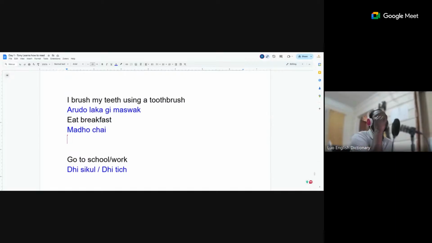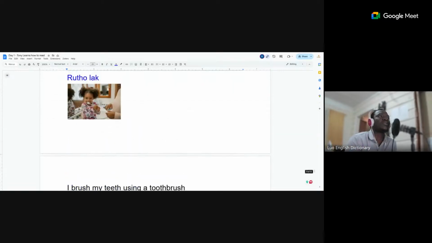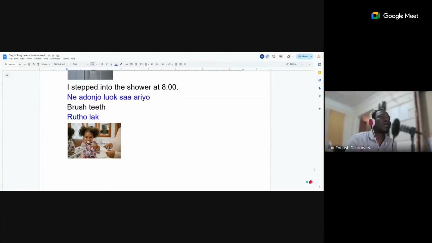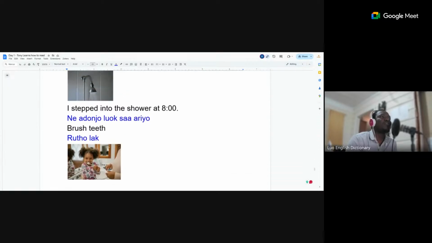Can you remember with the types of pictures you're bringing in? Because I want us to start relating the pictures to the words. I remember the main words, but I don't remember the sentence. That's okay, because the idea is to get the main word. The sentence is just joining main words together.